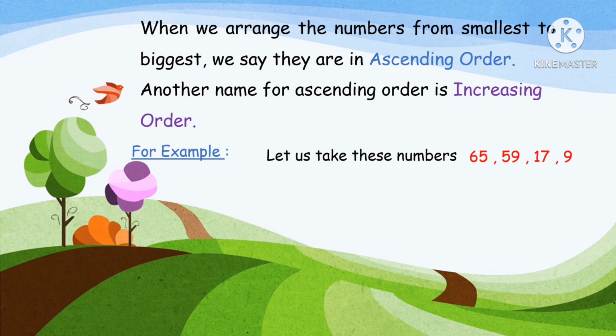So we will put 9 first, then we will put the number which is smallest among the other three remaining numbers. So after 9, we will put 17. Now we have to put the number which is greater than 9 and 17 but less than the greatest number. So after 17 we will put 59, and lastly we will put the biggest number, that is 65.